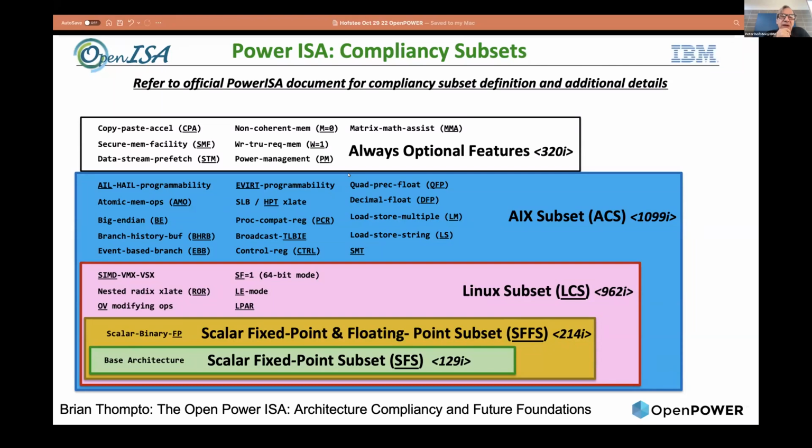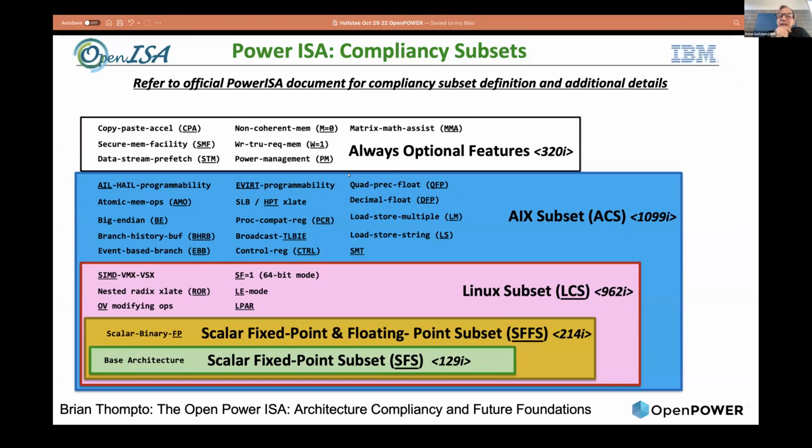And for AIX, big endian support is required, and because it's a superset, you're expected to have bi-endian support, but AIX itself relies on big endian functionality.